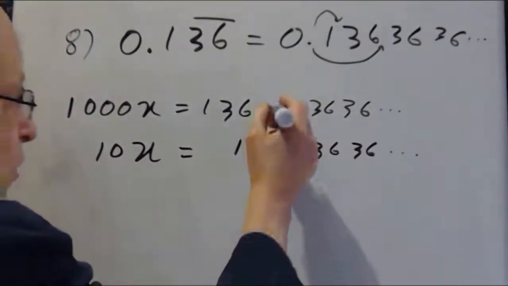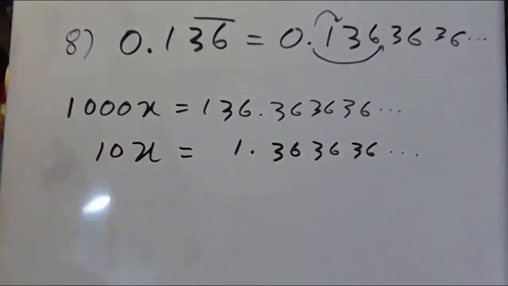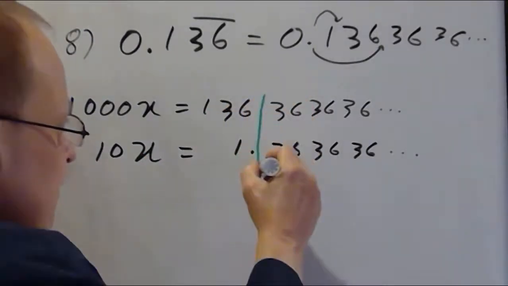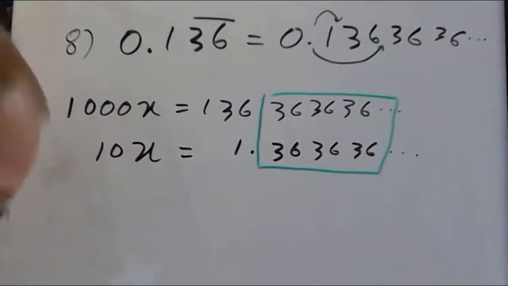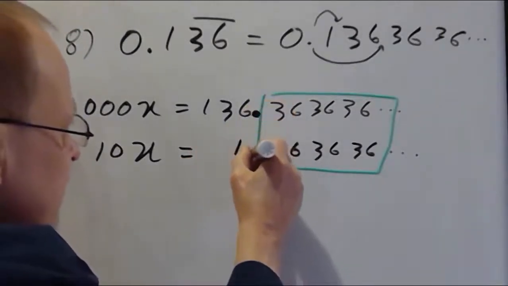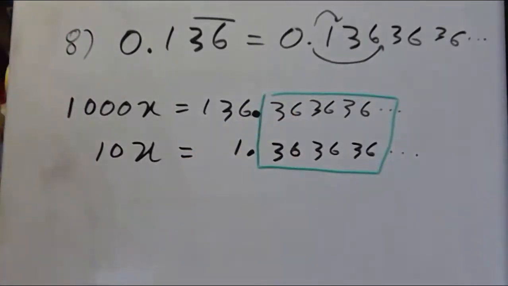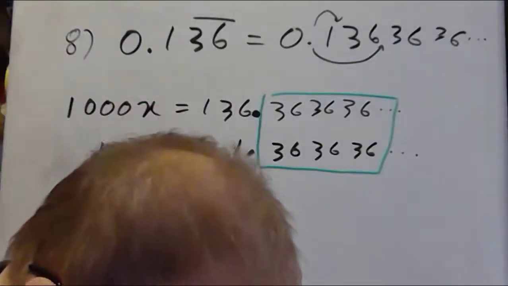And if you notice, and I'll make that very clear so there's no misunderstanding, the 3/6 on top after the decimal point and the 3/6 on bottom after the decimal point is exactly the same, which means that I can easily subtract it off.